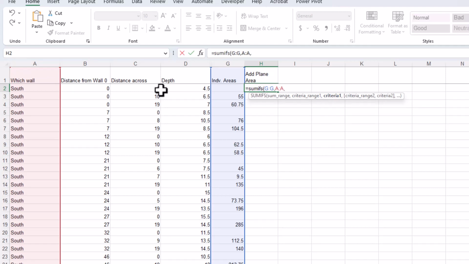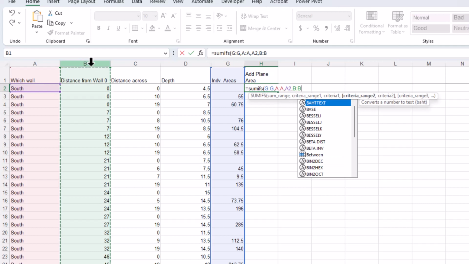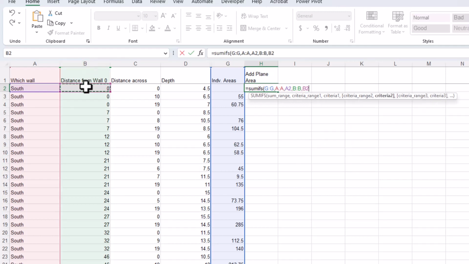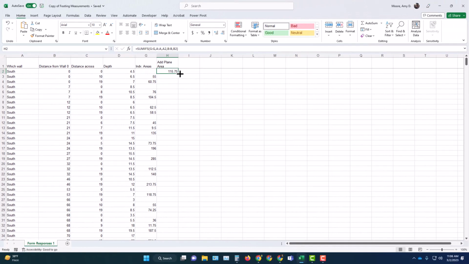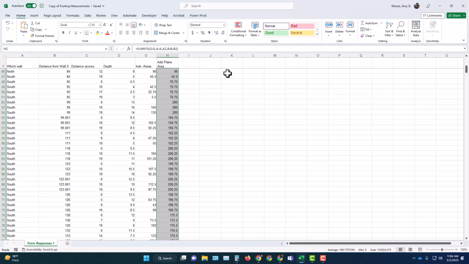Well, here I only want to add if it's also south, and the other range is the distance from the wall. And I only want to add it if it is also 0 for this group of numbers. So let's look at this function and how it works on this spreadsheet. These two numbers, 55 plus 60 and 3/4 is 115.75. That is correct. And if I double click that autofill, it'll fill all the way down.